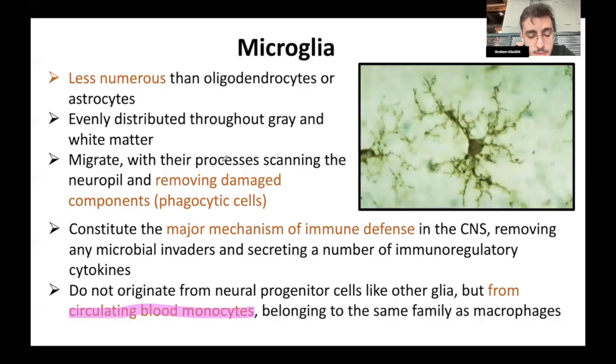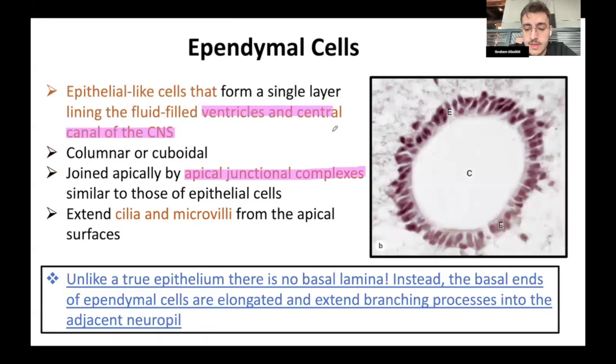The microglia plays an important role in the immune regulation of the central nervous system. It does so by removing damaged components through phagocytic functions, exactly like a macrophage. In fact, it does not originate from a neuronal stem cell, but instead it originates from the blood. Ependymal cells form these tight junctions in which CSF or cerebrospinal fluid can flow, and they wrap around the ventricles and the central canal of the spinal cord.